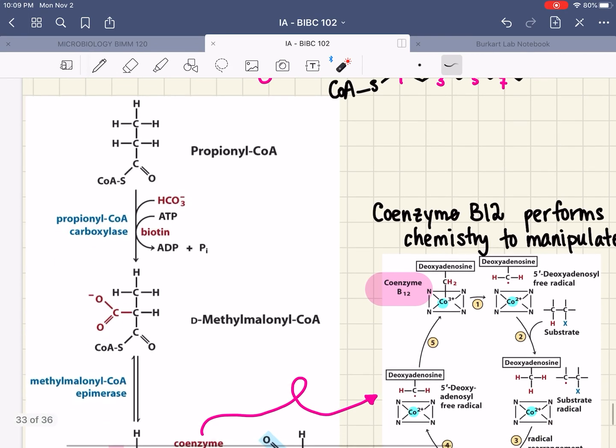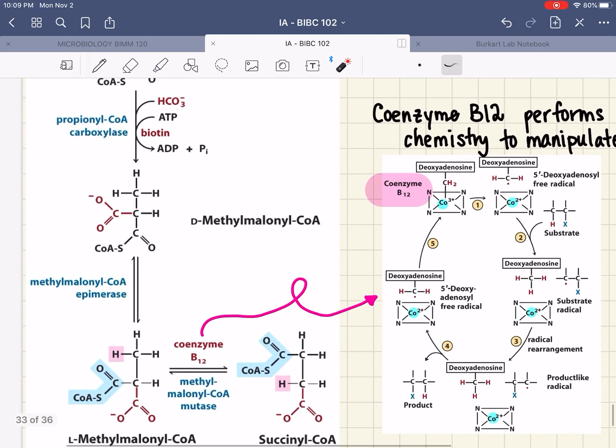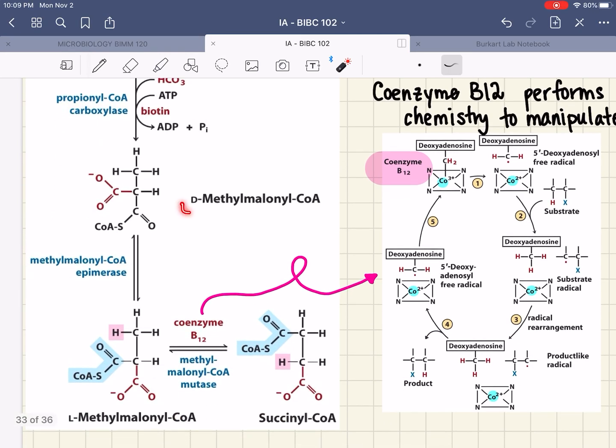So, to not waste these carbons and to still make it useful for the cell, propionyl-CoA carboxylase uses biotin and bicarbonate and ATP to carboxylate this middle carbon right here. And when it does this, you get methylmalonyl-CoA.